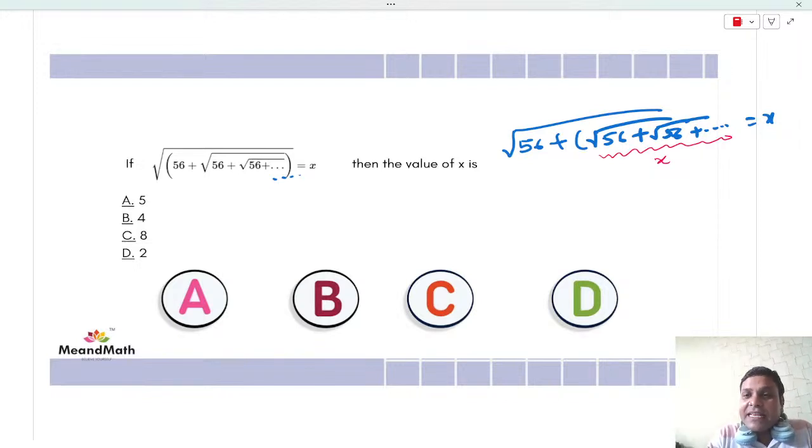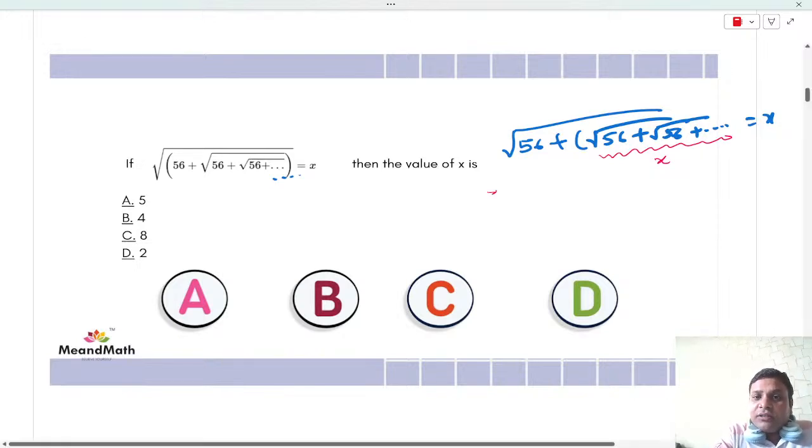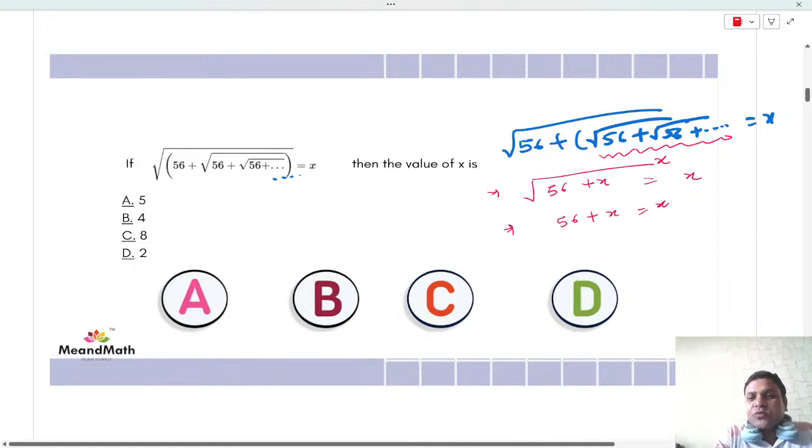So I can replace the whole sequence with x, because this is an infinite series. We cannot solve an infinite series, but we can replace the series. So the final result will be root of 56 plus x is equal to x. Now square on both sides. So 56 plus x is equal to x square.